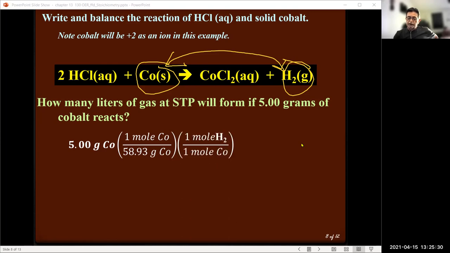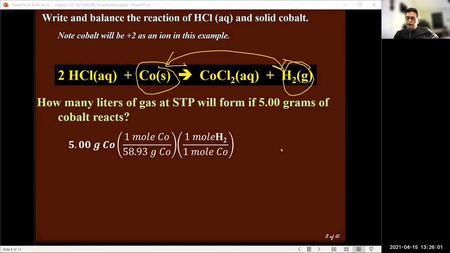The next one, as I stated, is the stoichiometric relationship from the balanced chemical equation between the two components that you're dealing with, whatever they may be. Here it's hydrogen and cobalt. That's why I circle them, so I can remember that's who I'm dealing with. I don't care about hydrochloric acid, nor cobalt 2 chloride. They're not involved in this calculation.